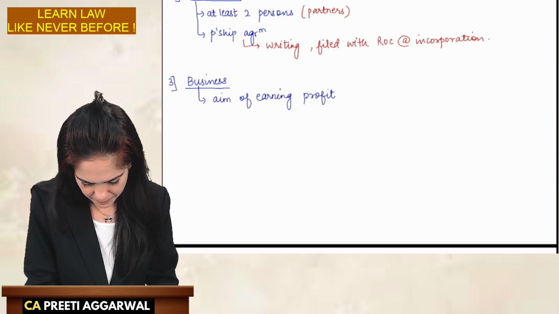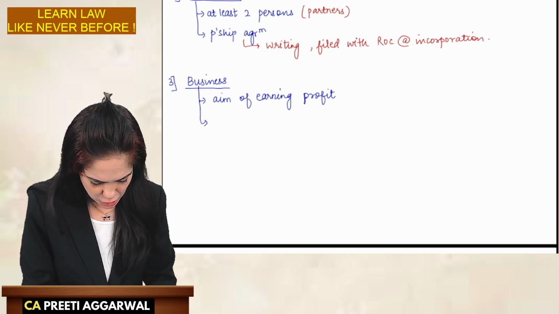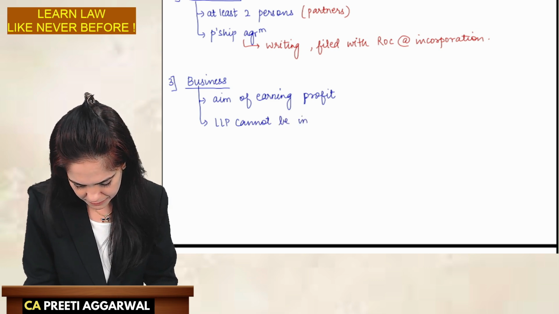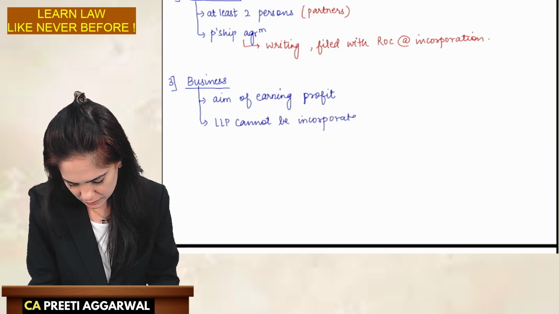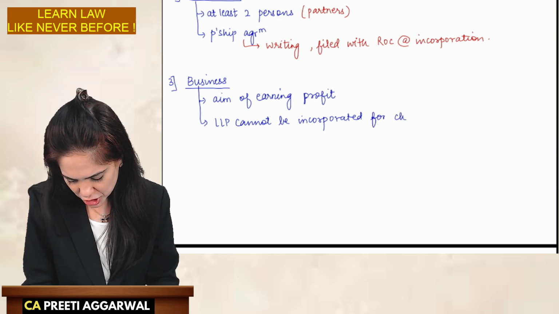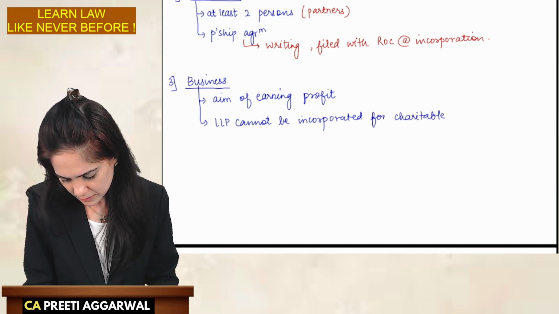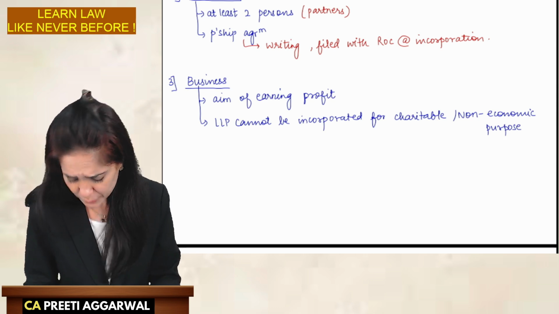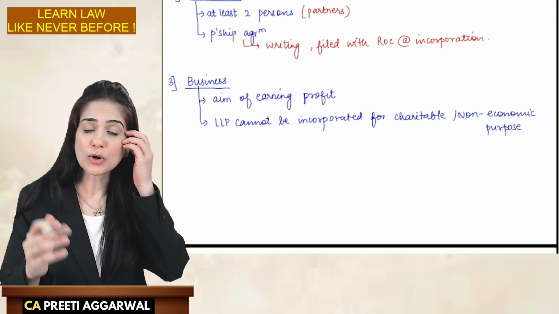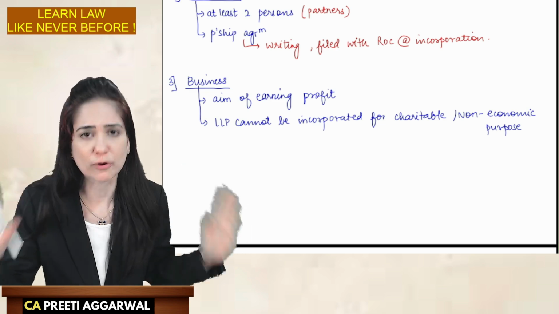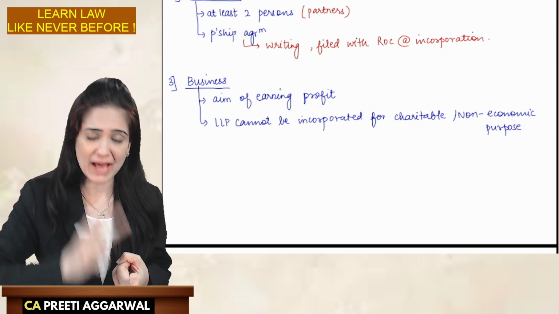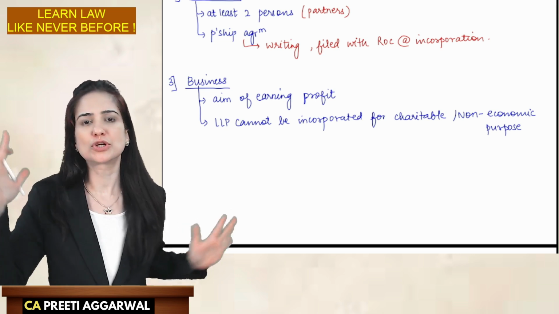So can I say that LLP cannot be incorporated for charitable or non-economic purpose? It cannot be incorporated for charitable or non-economic means, where my aim is not to earn profit. So you can form LLP only if you are carrying out a business with the intention of earning profit.